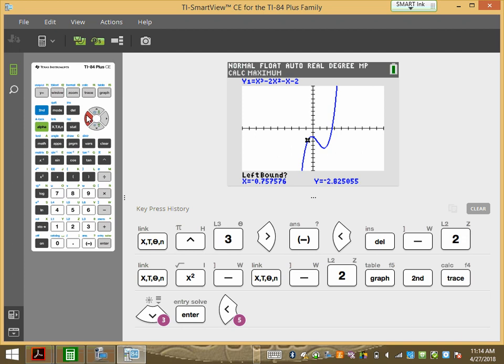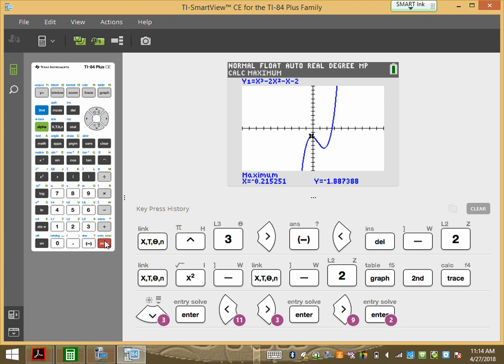I'm there. I could hit enter right now because I'm on the left. I just need to be on the left of it, correct? So there's not just one spot. So I'm going to go here. Sure. Hit enter. Now it says right bound. So now I need to be on the right-hand side of it. I'm not going to arrow all the way to the very top. I literally am just going to get to the right-hand side of it and hit enter. And then it says guess. Well, you have to hit enter for it to do its work.